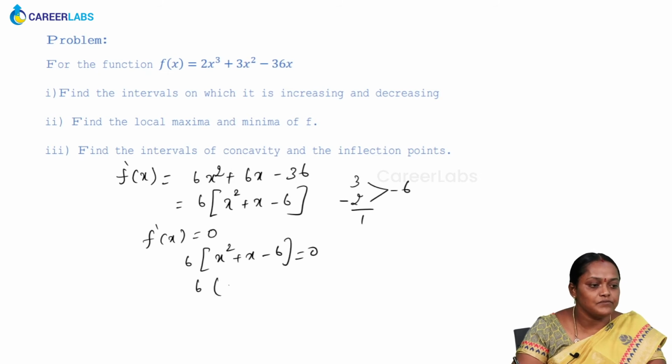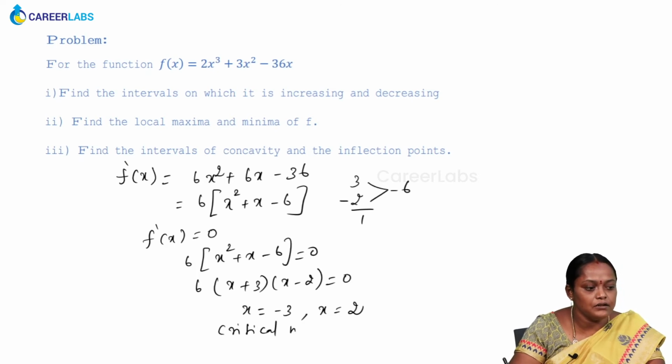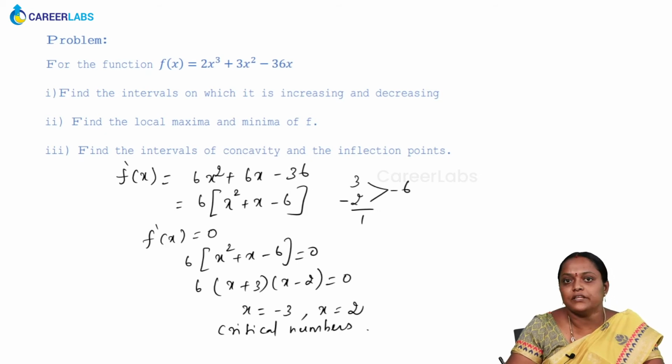So, this is 6 times x plus 3 into x minus 2 equal to 0. So, you can get the value of x as minus 3 and x is equal to 2. These are the two values you are going to get. These are the critical numbers. So based on these critical numbers, we are just going to break the number line.